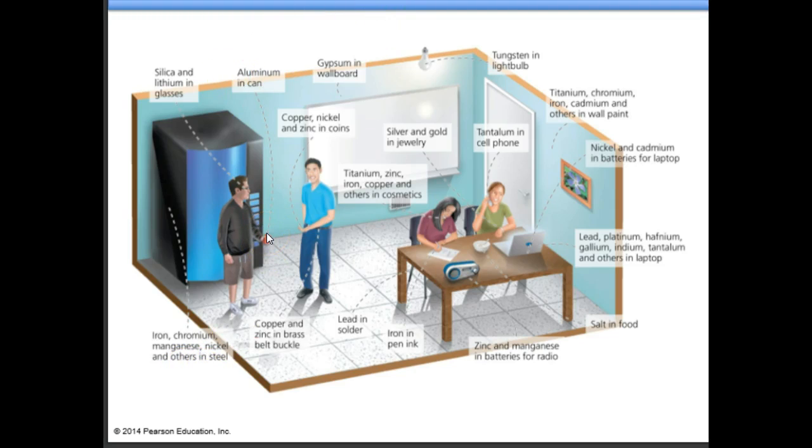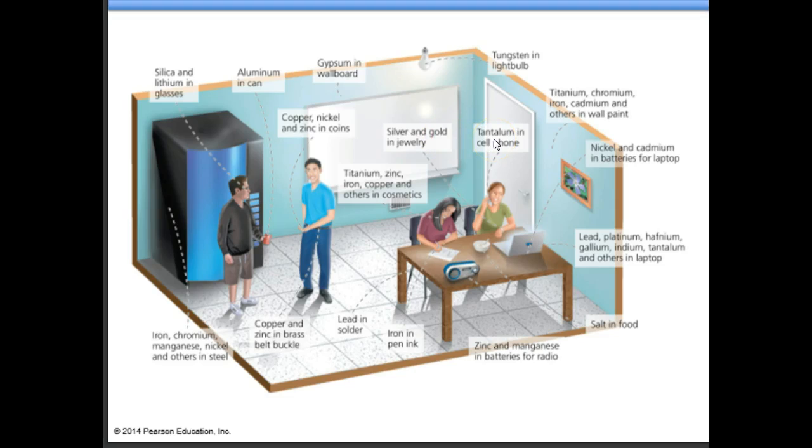The aluminum can, we touched briefly on this in the last chapter, is aluminum. In our money we have copper, nickel, and zinc. For our whiteboards it's called gypsum. As far as our makeup, we've got titanium and zinc and iron and copper and other chemicals and metals and minerals in our makeup. Our jewelry is either silver or gold, sometimes also nickel.